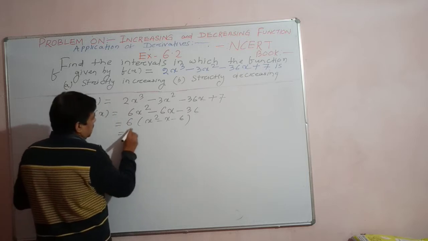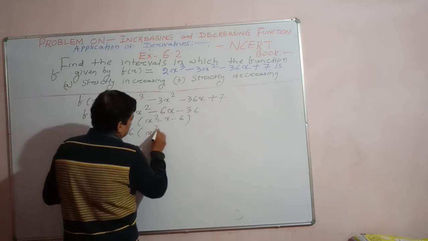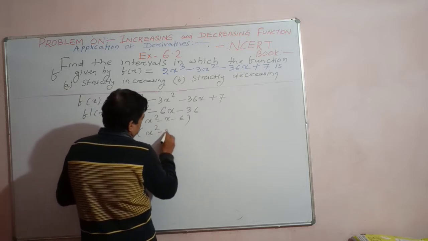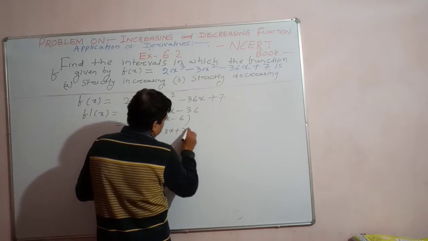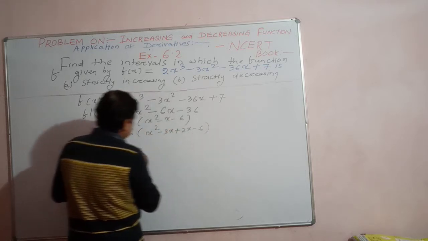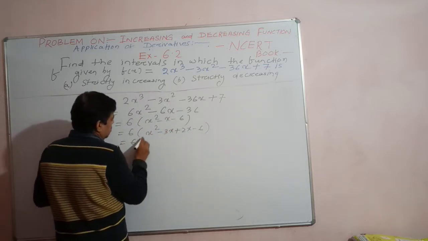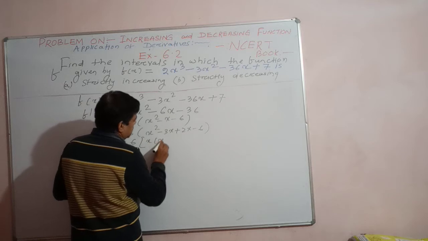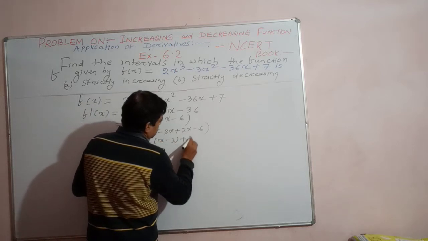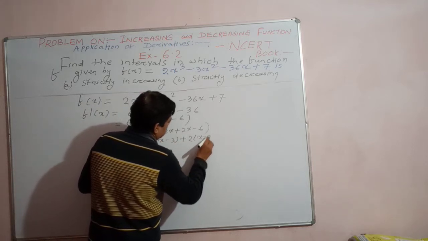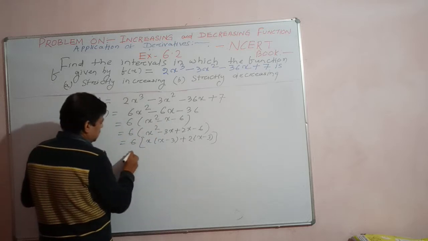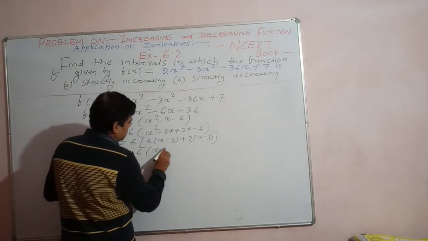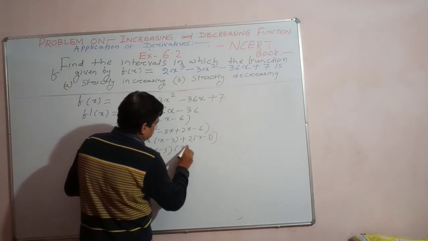Taking 6 common, that is equal to 6 whole into x square minus x minus 6. Is it clear? And 6 whole into x square minus 3x plus 2x minus 6. You will factorize it: x whole into x minus 3 plus 2 whole into x minus 3. So 6 whole into x minus 3 and x plus 2.